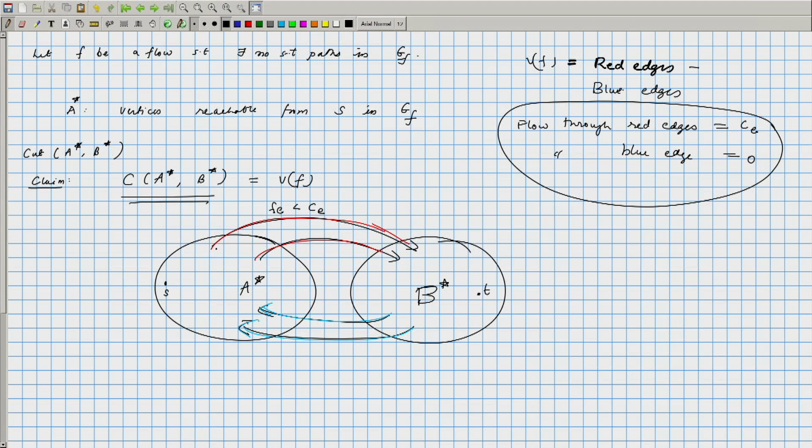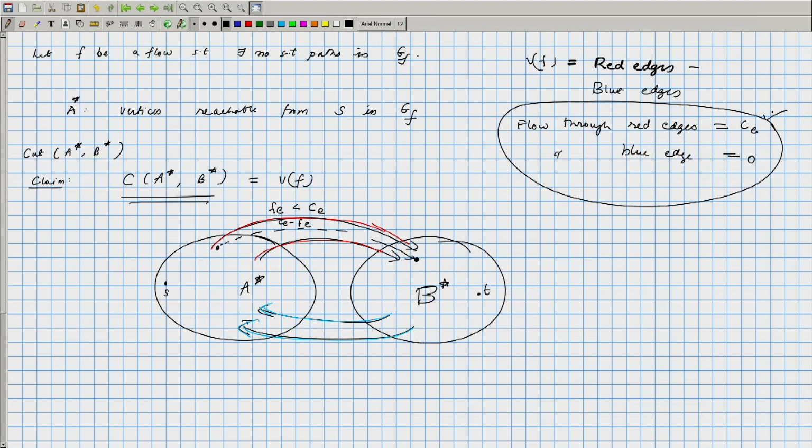That would mean that in the residual graph there is a forward edge from A star to B star with capacity CE minus FE, and that would make this particular vertex over here in B star reachable from A star, but we argued that B star are all the unreachable vertices, and therefore, there cannot be such forward edges. So, therefore, every edge from A to B is operating at its full capacity. So, this part is done.